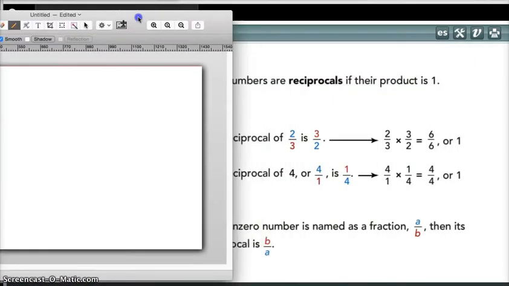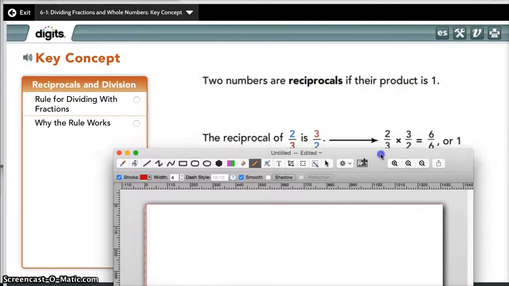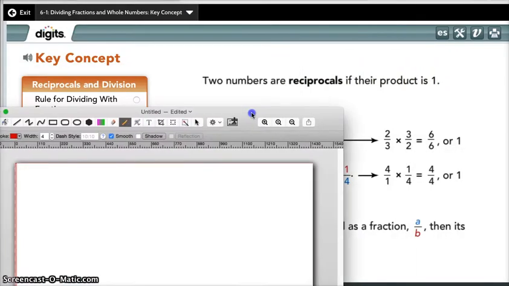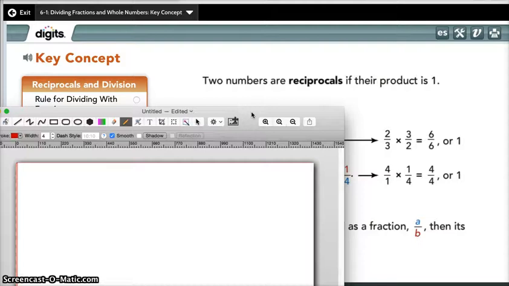The way I think about it, a reciprocal is the opposite of a number, and the correct definition is that two numbers are reciprocals if, when you multiply them together, their product is 1, but it's really just a flipped fraction. So the reciprocal of 2/3 is 3/2. The reciprocal of 1/4 is 4, or 4/1. The reciprocal of 9/12 is 12/9.